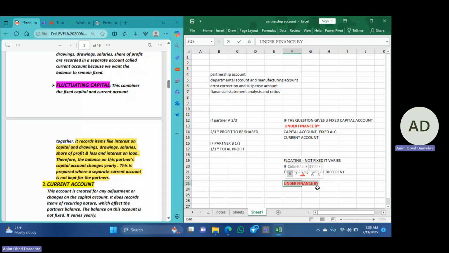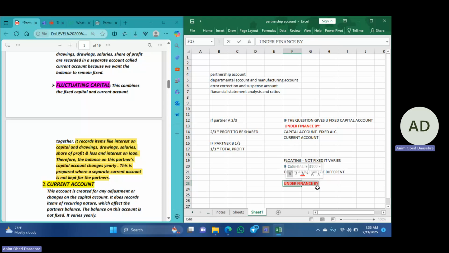And this capital account that you are going to record will represent the floating account, because we say that the floating capital account varies, changes, right? And for that matter, in the first place, we didn't even open current accounts.